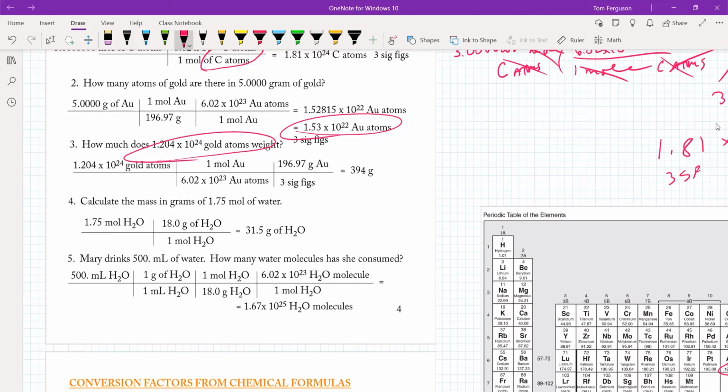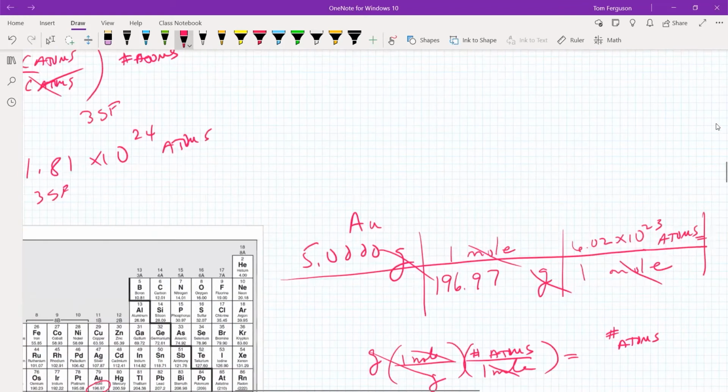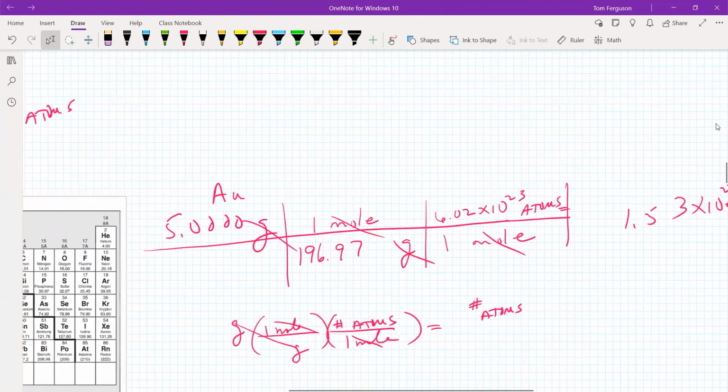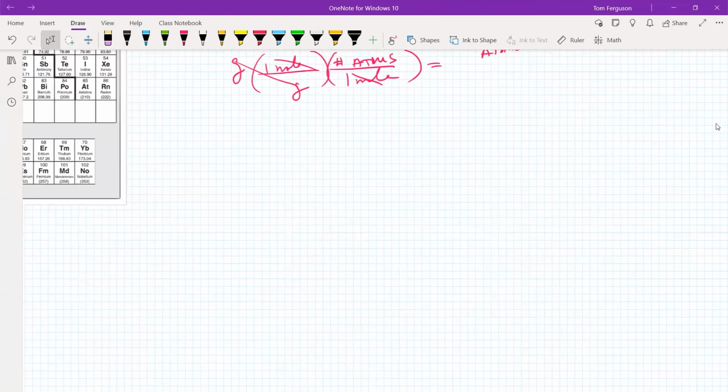Okay, let's look at this one here. We're starting with so many gold atoms. Instead of using that one, let's just come up with our own. Let's say we had 1.5 times 10 to the 5th atoms of silver, Ag.